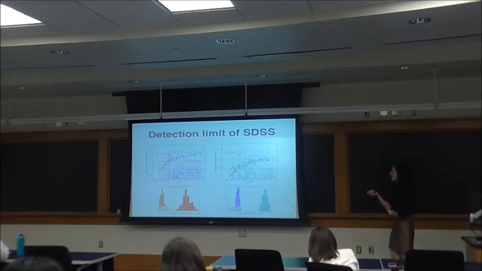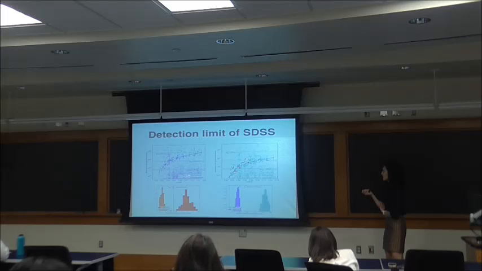So here, the orange points are assuming a black hole to stellar mass relation that has been found for active galaxies. And then the blue squares are assuming the black hole mass to stellar mass relation that has been found for quiescent galaxies.